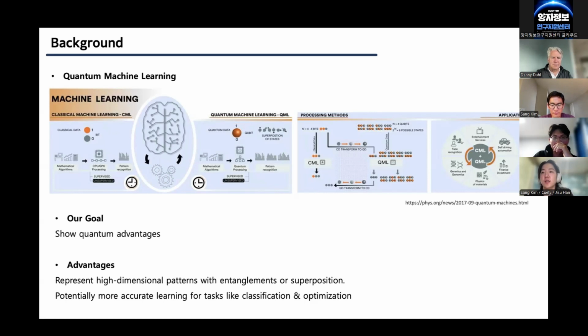In line with this, both theoretical and experimental studies have shown that quantum support vector machines, such as QSVMs, can outperform classical SVMs in classification tasks.